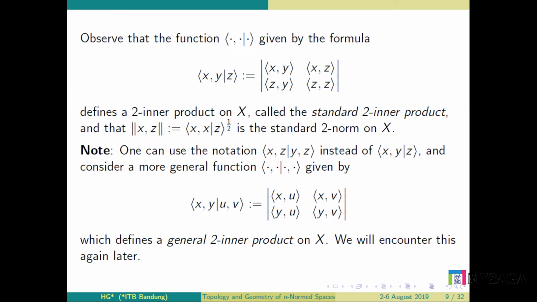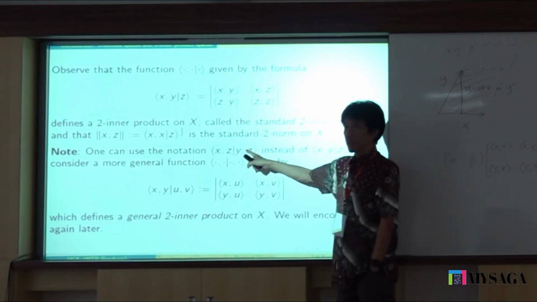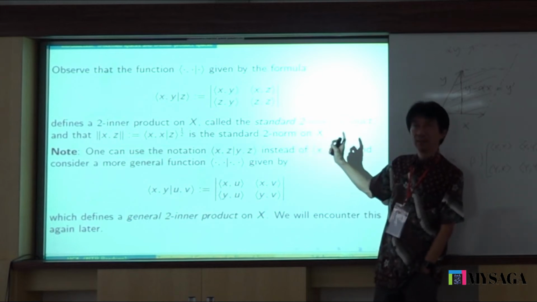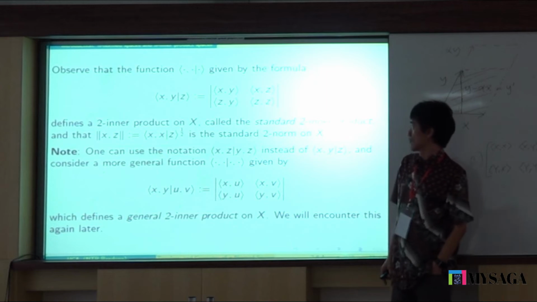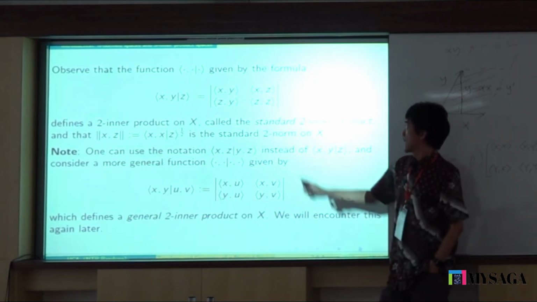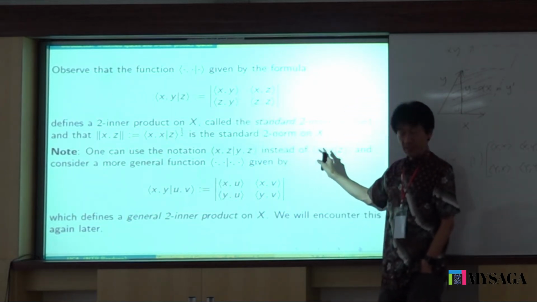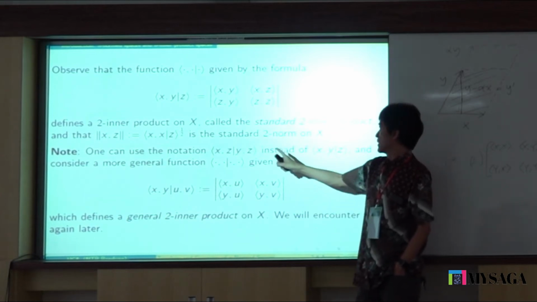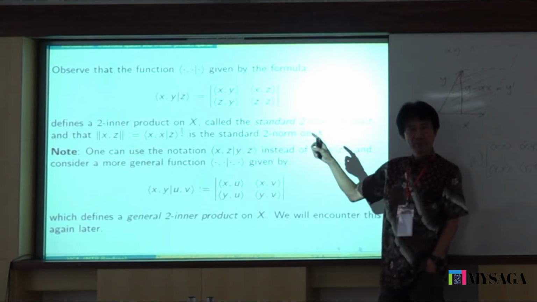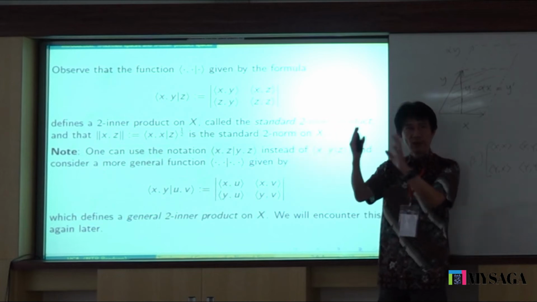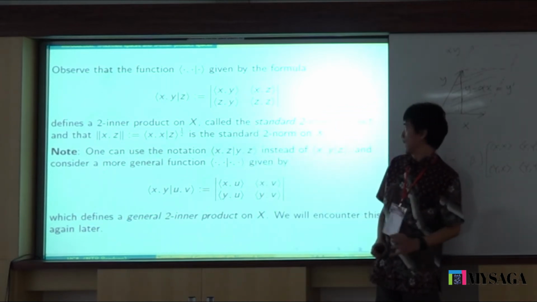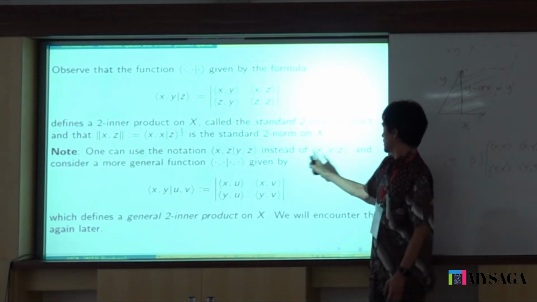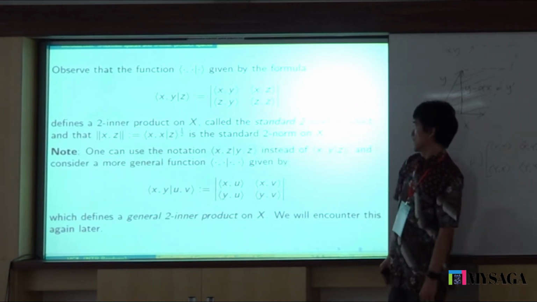I make a little note here. Actually, I added this this morning that one can use this notation instead of that notation. It's a bit different, okay? But z appears on the left and also on the right. And I put the vertical line there. Instead of this, one can actually use.